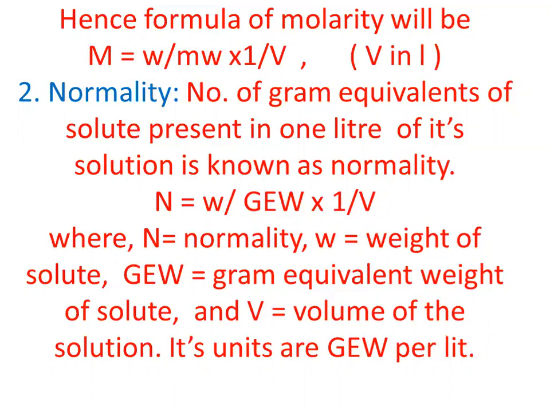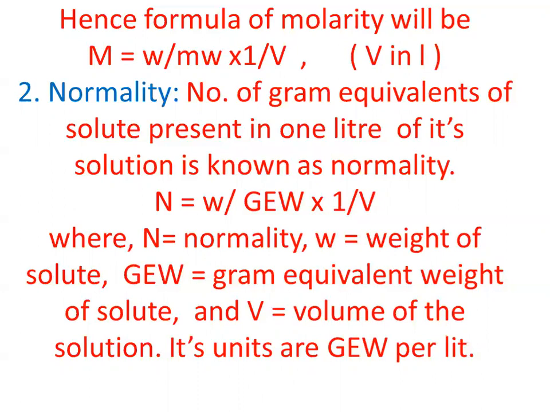Whereas for substances like Na2CO3, H2SO4, it will be different. For example, Na2CO3, 106 is the molecular weight of it. If we divide it by 2, we get 53. 53 expressed in grams, 53 grams, is the gram equivalent weight of sodium carbonate or Na2CO3.